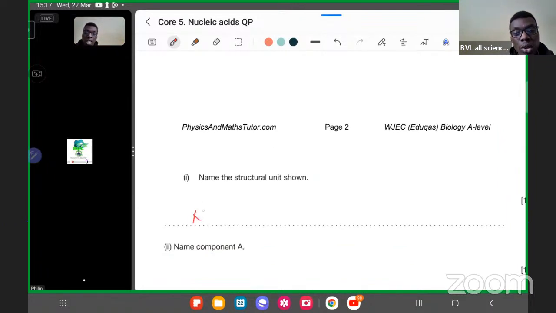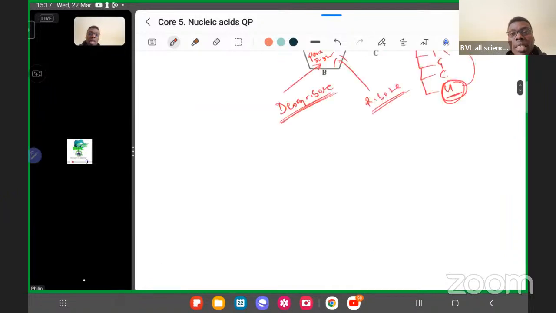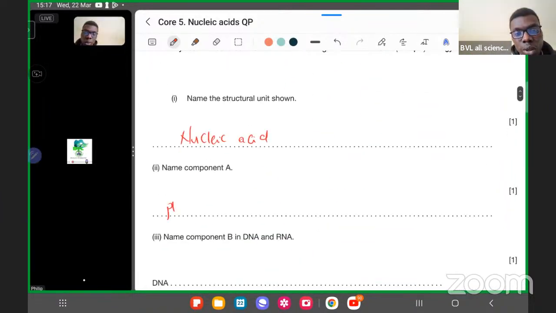So name the structural unit above. This is a nucleotide. Then it says name the component A. I think we already did that, A is phosphate group. You just write phosphate group.